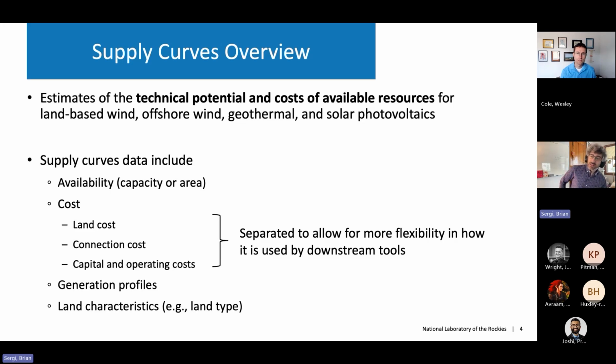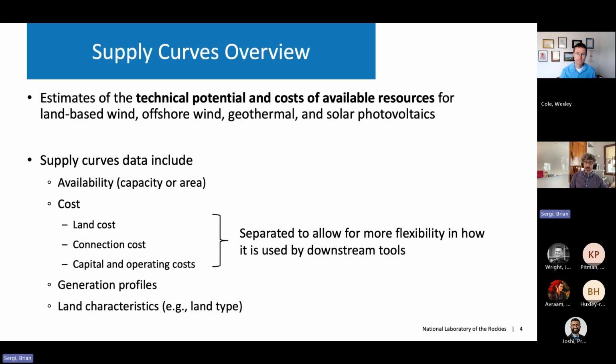So we've got costs accounting for those based on the location of the site. And then also capital and operating costs that can vary based on regional factors or even the site composition itself. We've got those broken out in buckets since it is helpful to be able to play around with them and use different factors in different scenarios, or understand which of them is driving different cost outcomes.